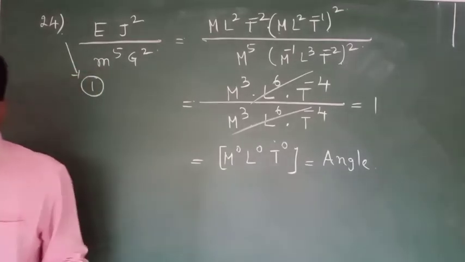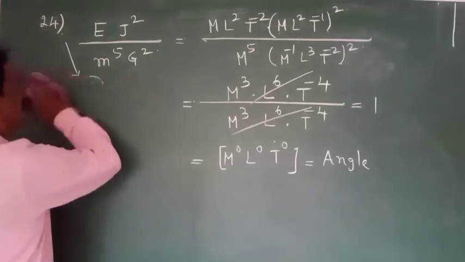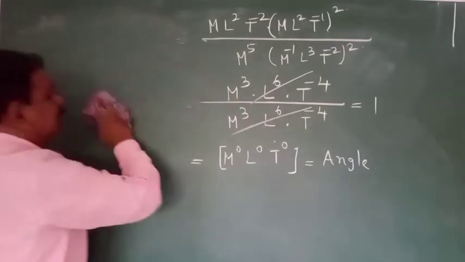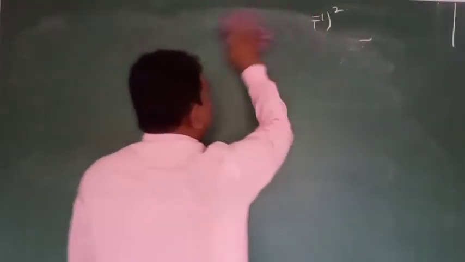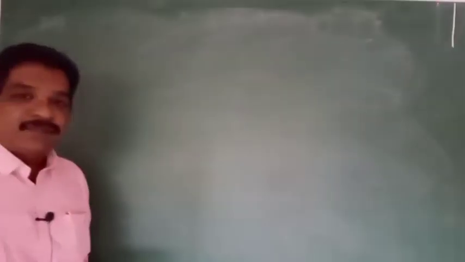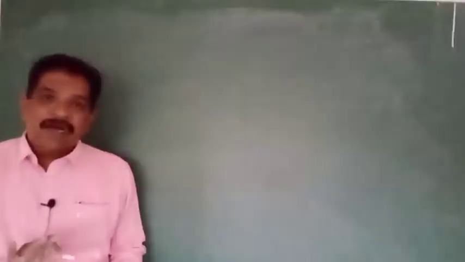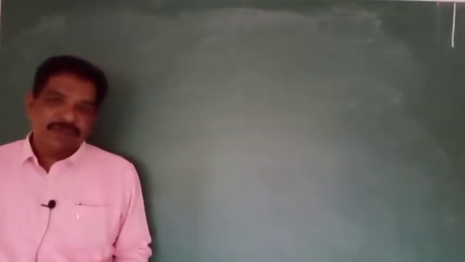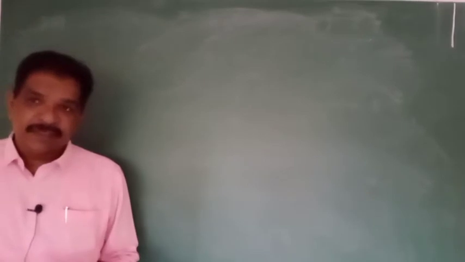Clear? Next, 25, you see. For doing the problems in this chapter, you have to memorize all the dimensional formulas. Then start doing the problems. Easily the problems will come. Clear?